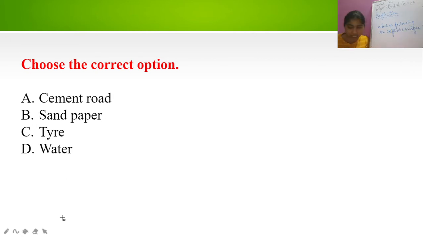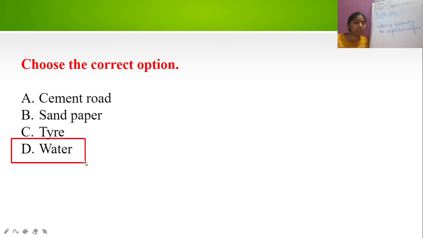A is cement road, B sandpaper, C tire, D is water. Write your answer in the comment box. Yes, very good. D is the correct answer, that is water, because water is a natural source and it acts as a mirror.